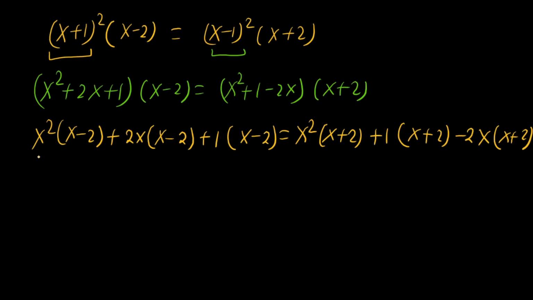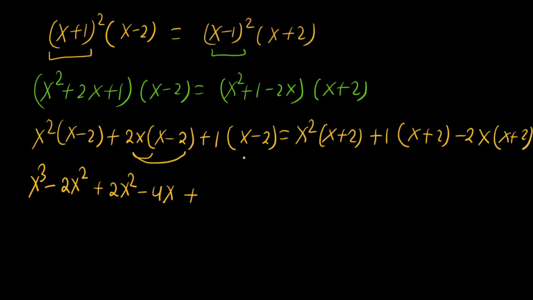Then x squared times x gives x cubed, minus x squared times 2 gives minus 2x squared, plus 2x times x gives 2x squared, and 2x times 2 gives minus 4x.